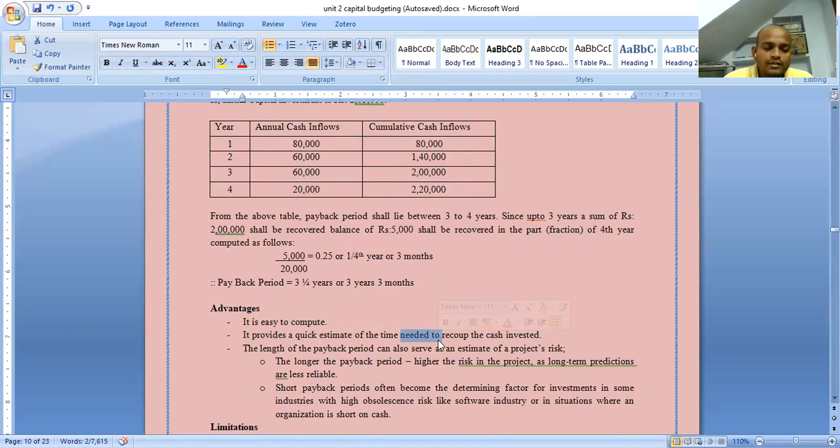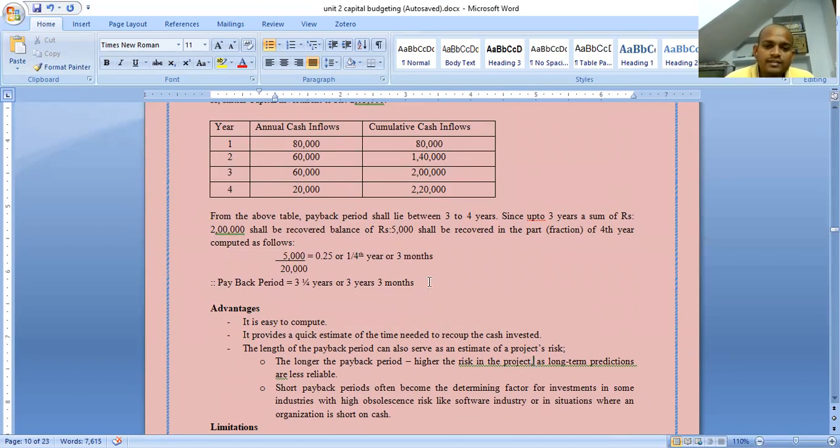The third one, the length of the payback period can also serve as an estimate of the project's risk. The longer the payback period, the higher the risk of the project, as long-term predictions are less reliable.